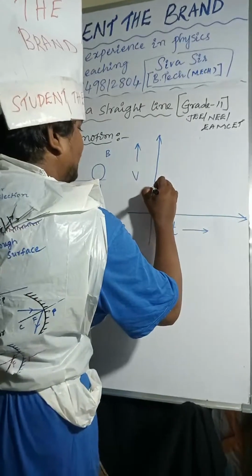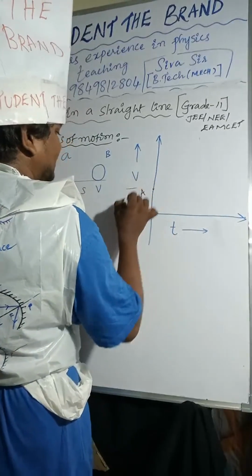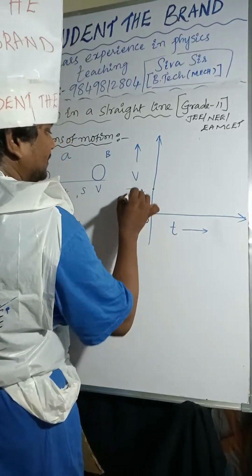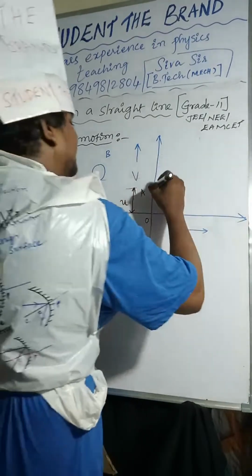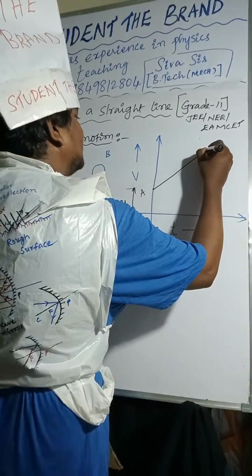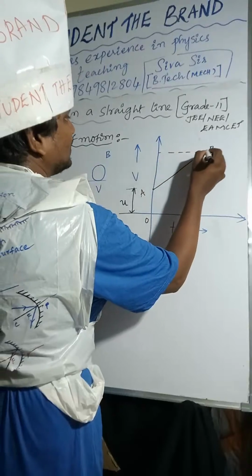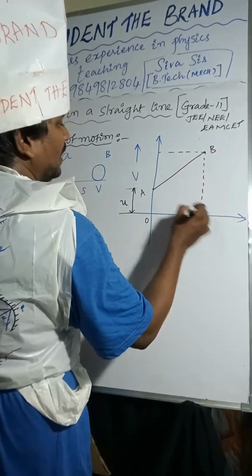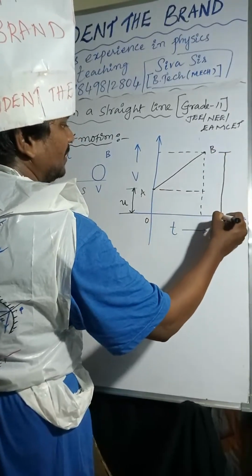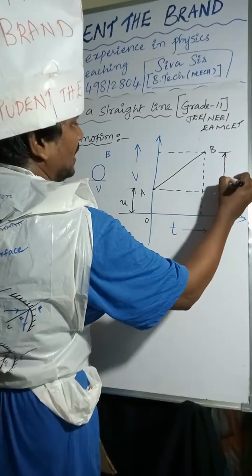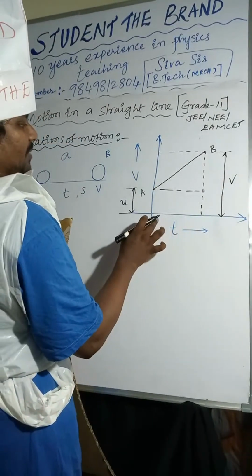This is point A. The object started with initial velocity from the origin, so from 0 to A is the initial velocity u. It reached a certain position, that is point B. Final velocity is taken from here to here, and initial velocity from here to here.